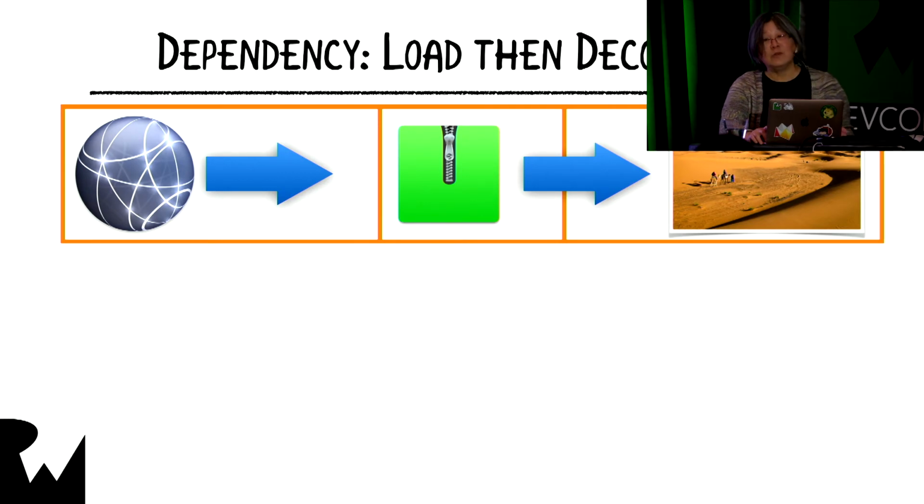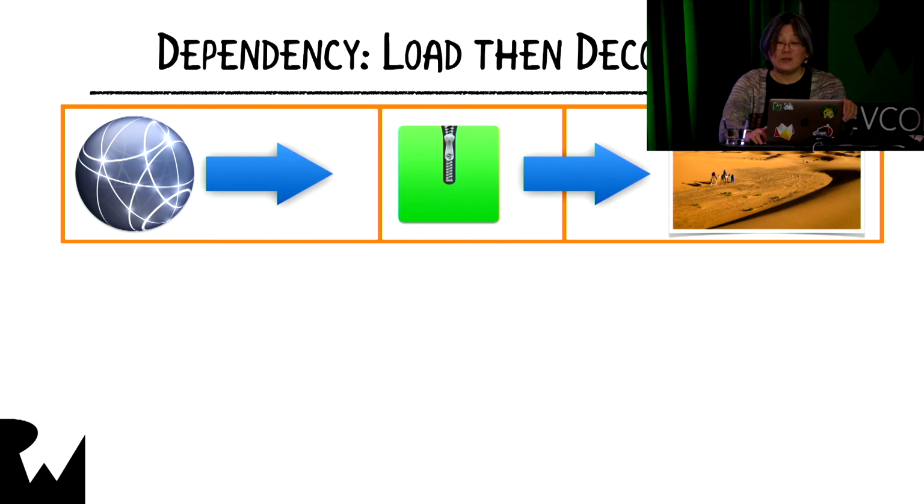So you feed the output from one operation into the next. You would specify that the decompressor has a dependency on the loader. And so the operation scheduler knows that the decompressor operation is not ready until the loader has finished.